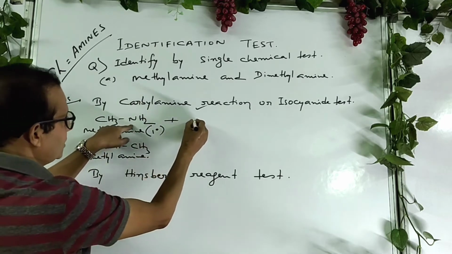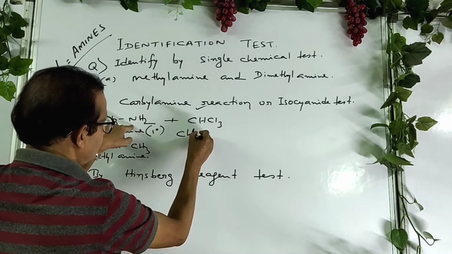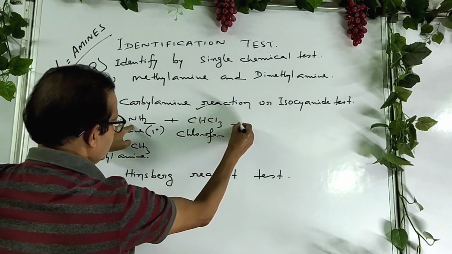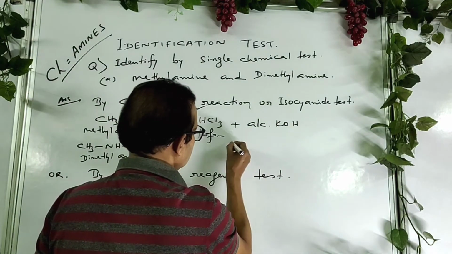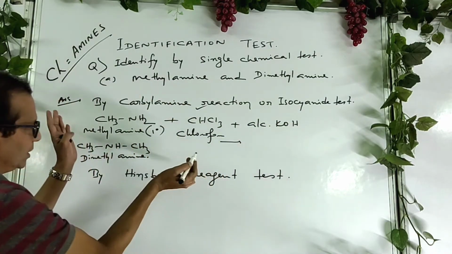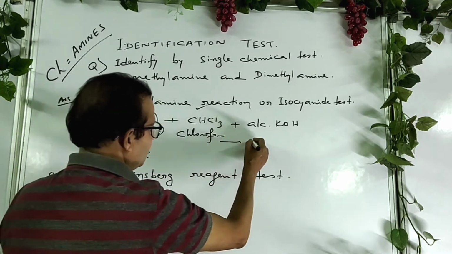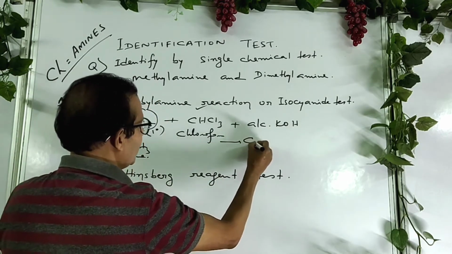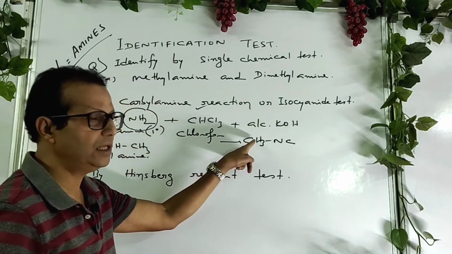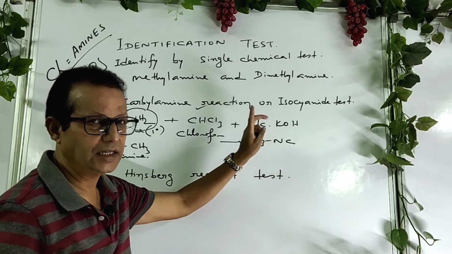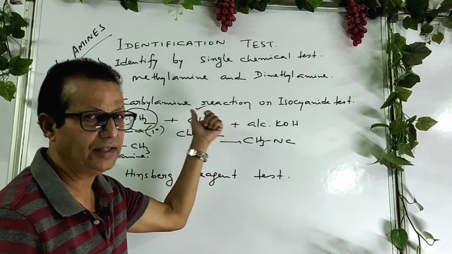When methylamine is treated with a mixture of chloroform and alcoholic solution of potassium hydroxide, then listen the technique, just change the amino group into isocyanide group, NC. It is methyl isocyanide. It has very unpleasant smell, and from the smell you can identify the primary amine.